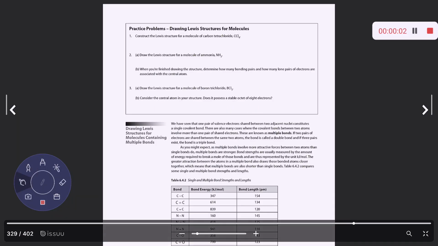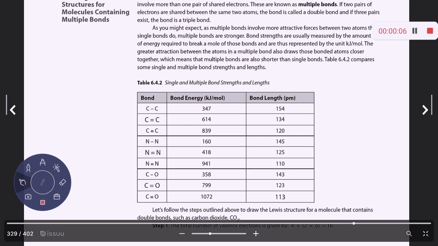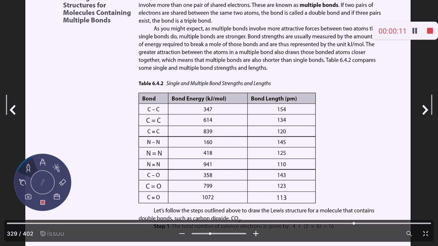Okay, so let's move on to multiple bonds. If you run out of electrons to satisfy the octet rule, then you are allowed to make a double or triple bond. So I'm going to write that down.